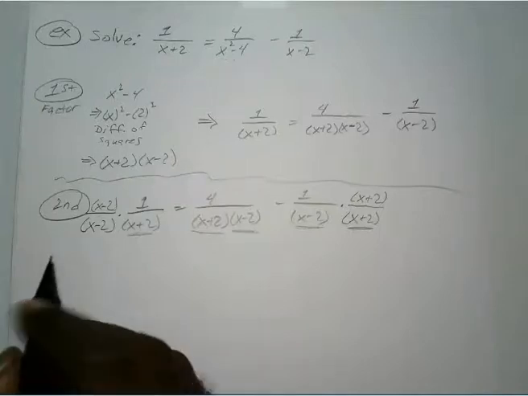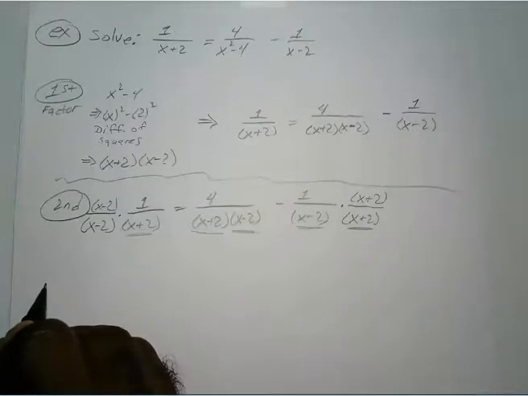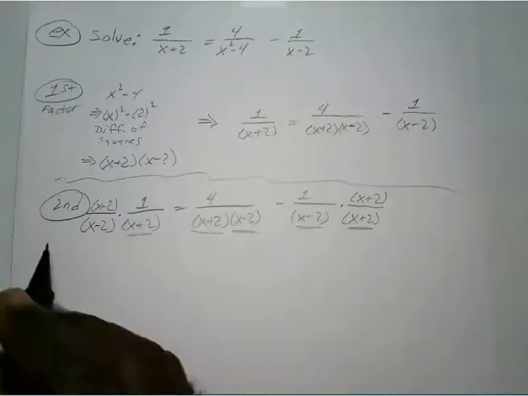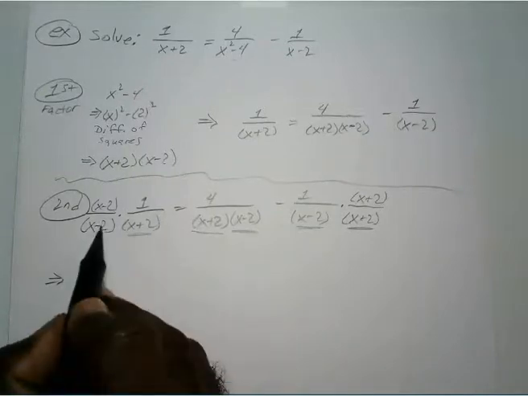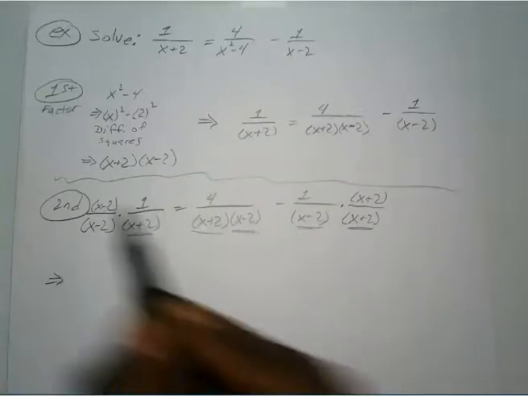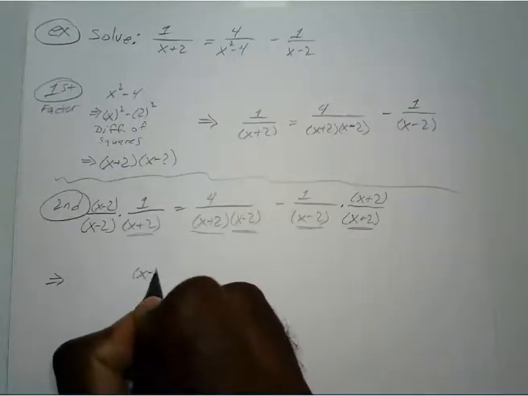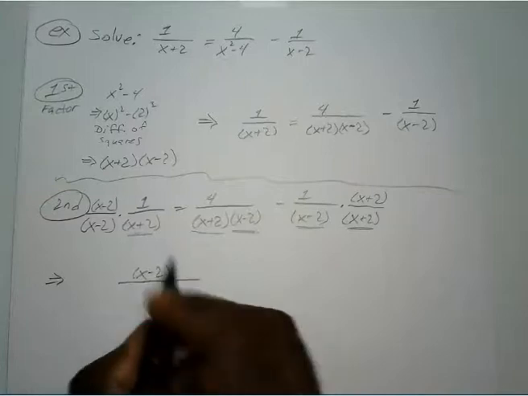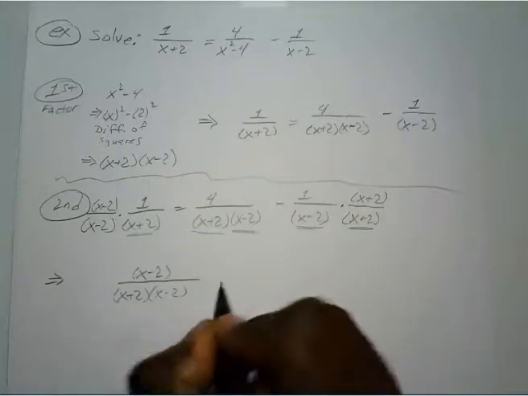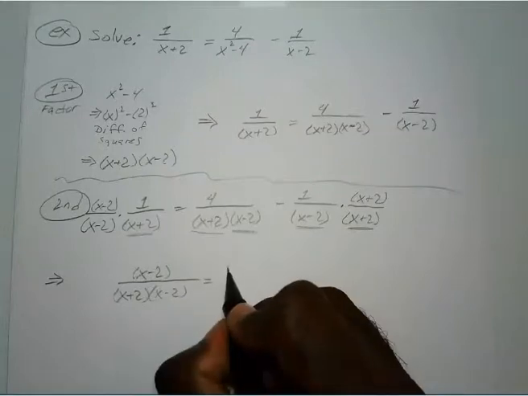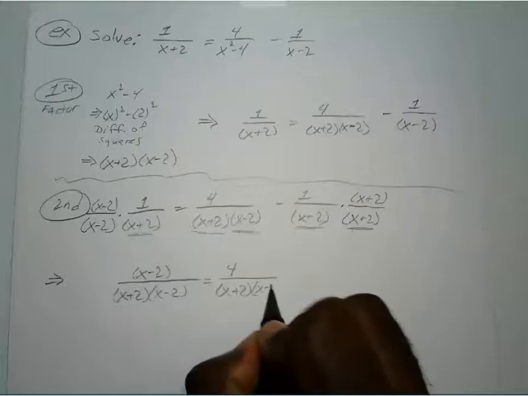All right, so we can go ahead and start to simplify this. Actually, we can go to our next step here. So we have x minus 2 times 1, which is x minus 2, over x plus 2 times x minus 2, equals 4 over x plus 2 times x minus 2.